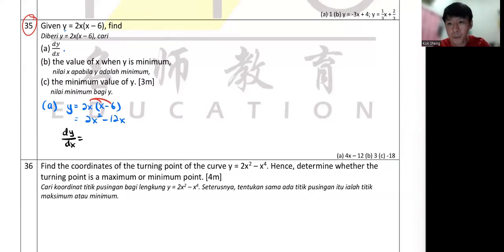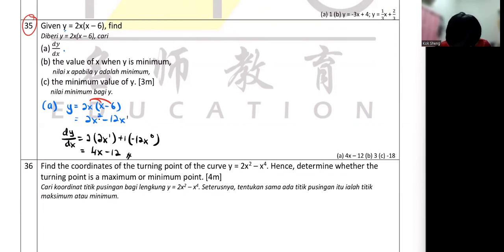Now we can start to differentiate. The power times it, and then the power minus 1. So the power here is 2 times it, and the power itself minus 1. This power is 1 times it, and then minus 1. Simplify, done.